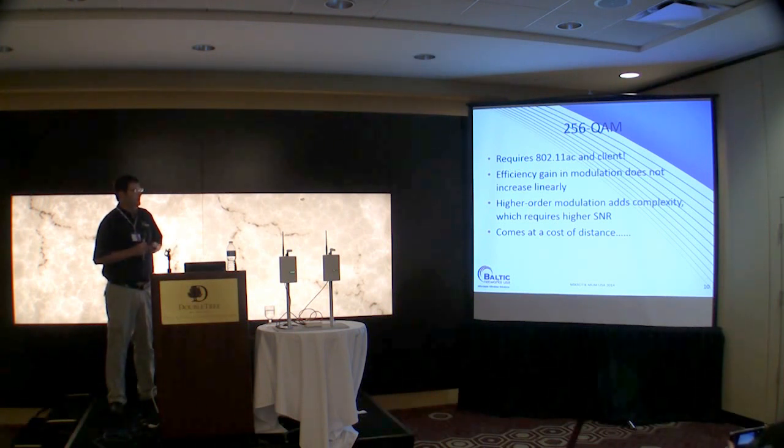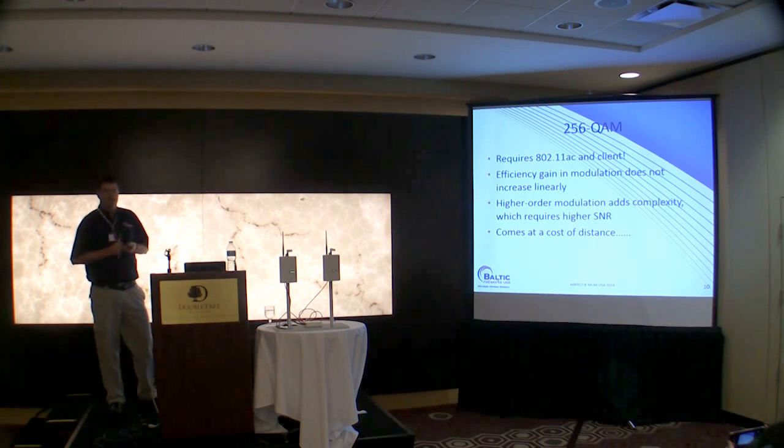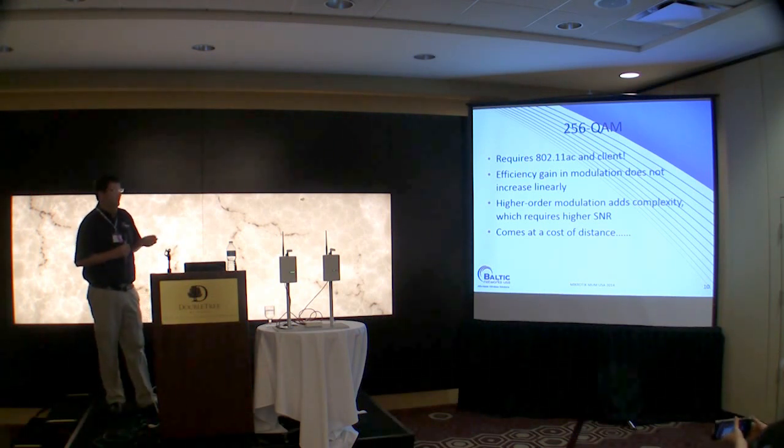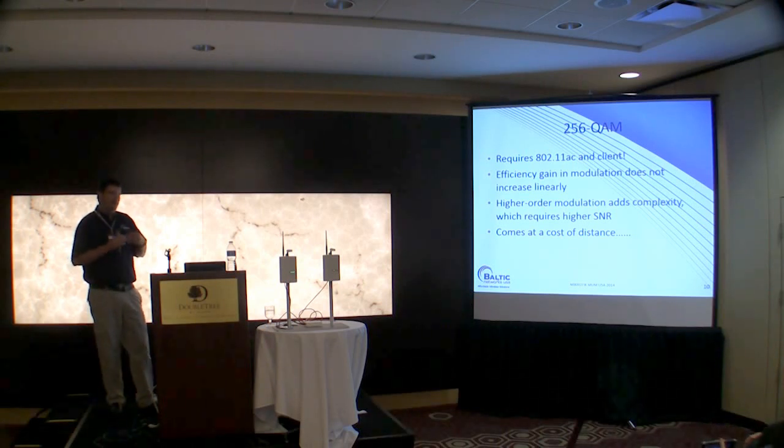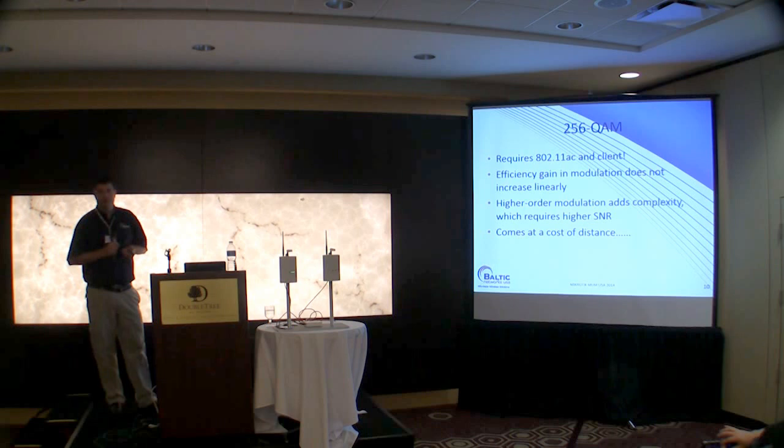So it is a requirement. There's an efficiency gain, and you'll see in another slide here that it's not linear. As we increase the QAM modulation and go to 512, 1024, you're not going to increase the efficiency as much as you would expect. And it does require a higher signal-to-noise ratio in order to stay working. And then, of course, it comes at a cost of distance.